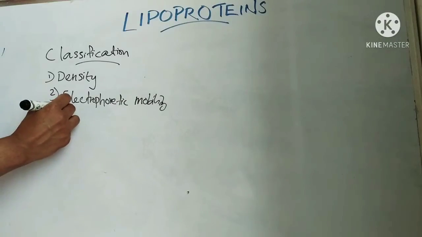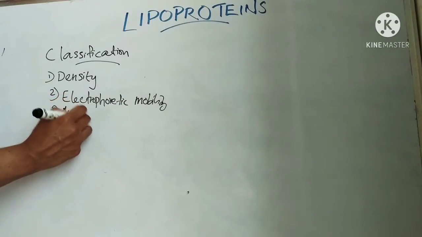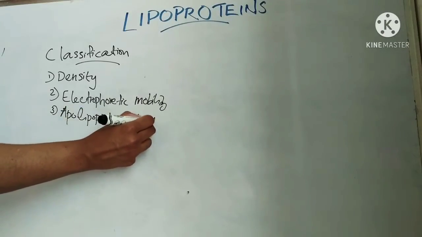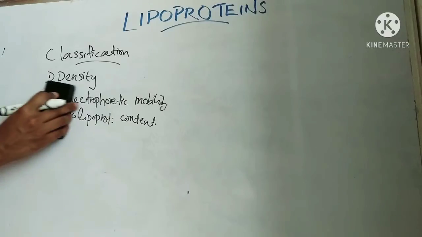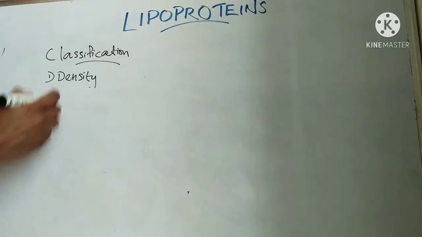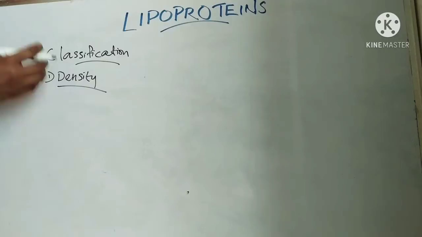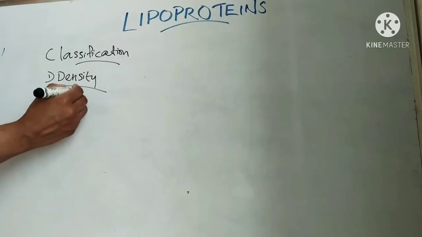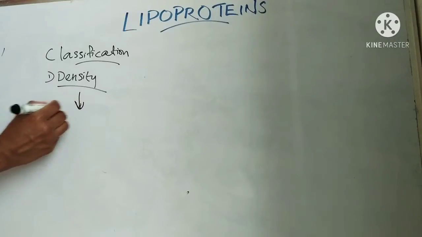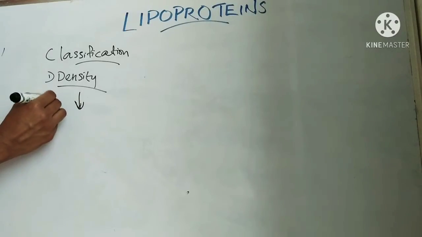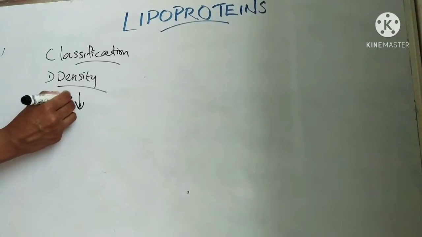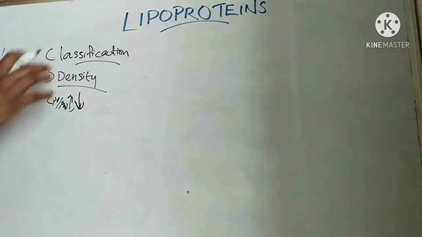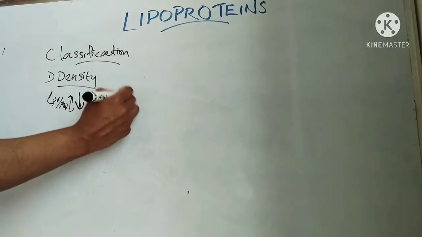First we will see classification based on density. As the proportion of lipid to protein in the lipoprotein complex increases, density decreases. Using this, lipoproteins can be separated by ultracentrifugation.